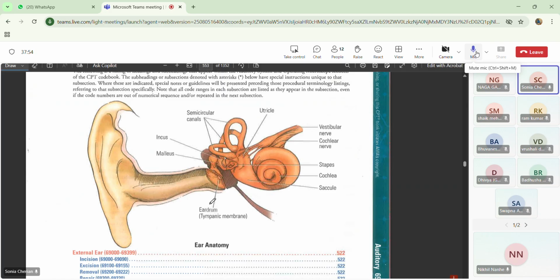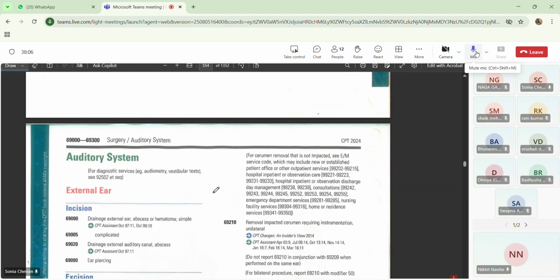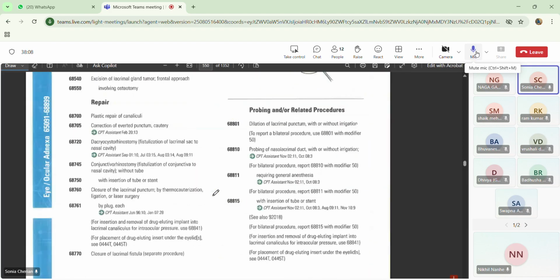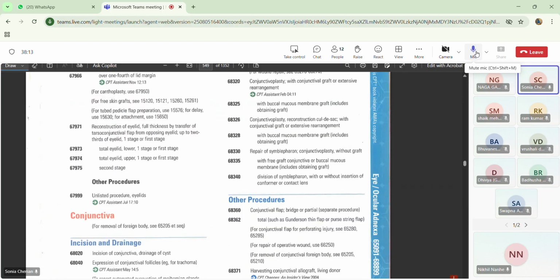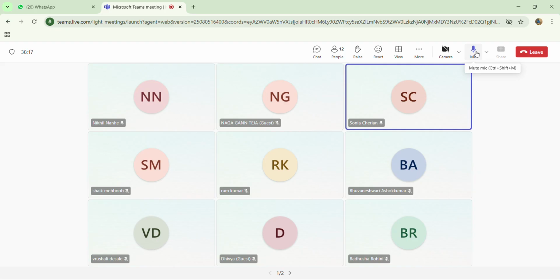So all these things, you can say in a proper statement, a proper context. You have to explain it. So please try to learn the anatomy, because they will ask you sometimes.